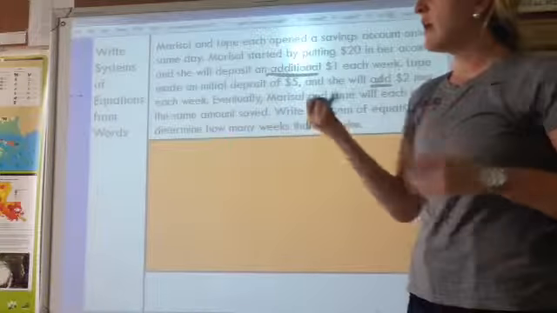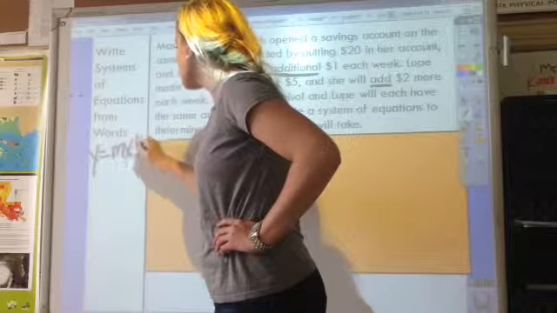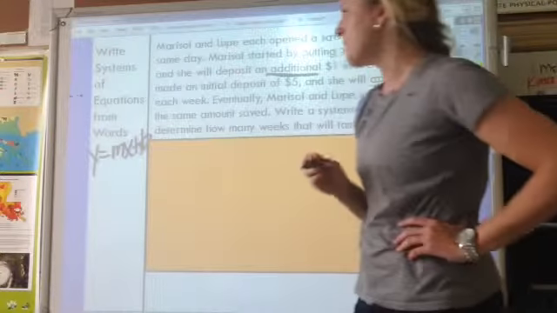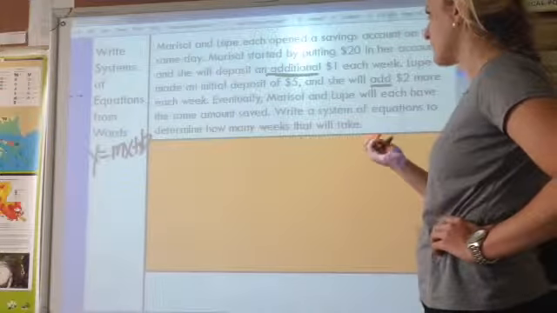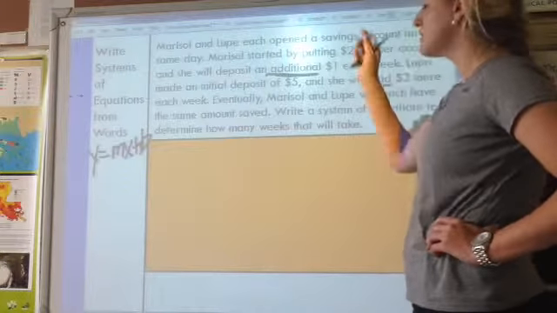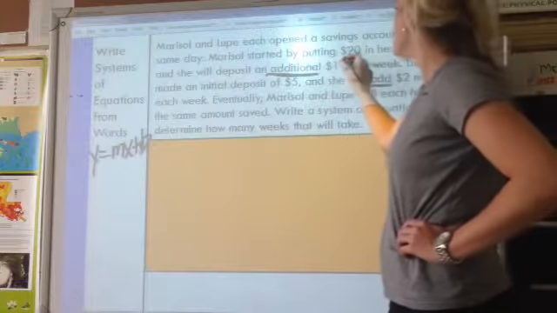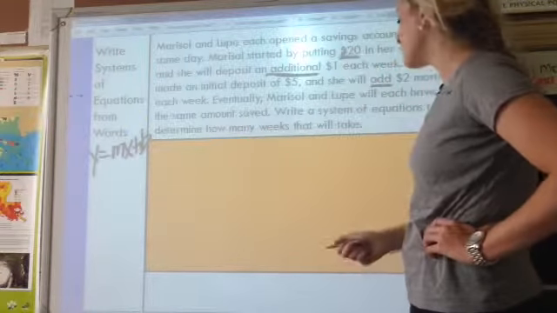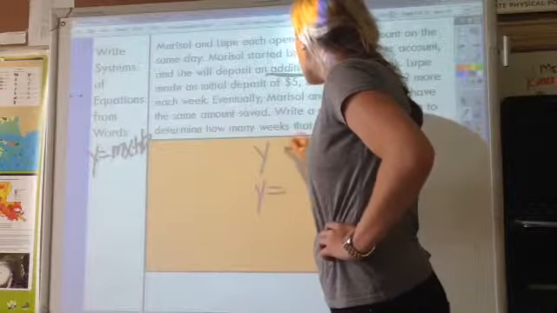All right, again, I want to write these equations in the form y equals mx plus b, where m is my slope and b is my y-intercept. So I need to find starting points for this data. Well, I can look at my example here, and it says Marisol started by putting $20 in her account. Since I know that my systems are always equal to y, I'm going to go ahead and write that part.